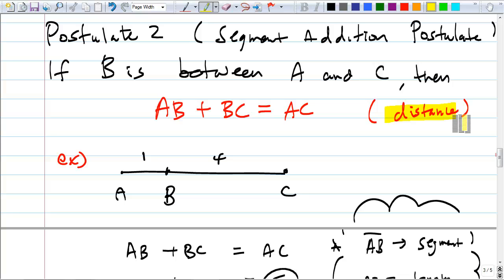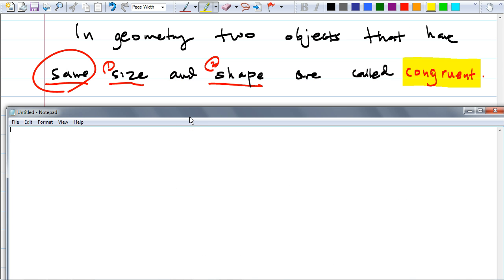Segment addition postulate: when you add the distance of these smaller pieces, you get the whole thing. If B is between A and C, and you all know what we mean by between, it means B has to be on that line AC. Are we good? Perfect. Let's move on then.